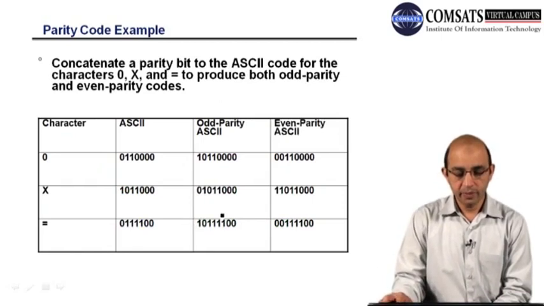So normally we place those parity codes with the ASCII characters. So here we have 0. So this is the way you use parity codes. Here we have a table: character, the equivalent ASCII of that character, and then the odd parity and the same ASCII with even parity, right?